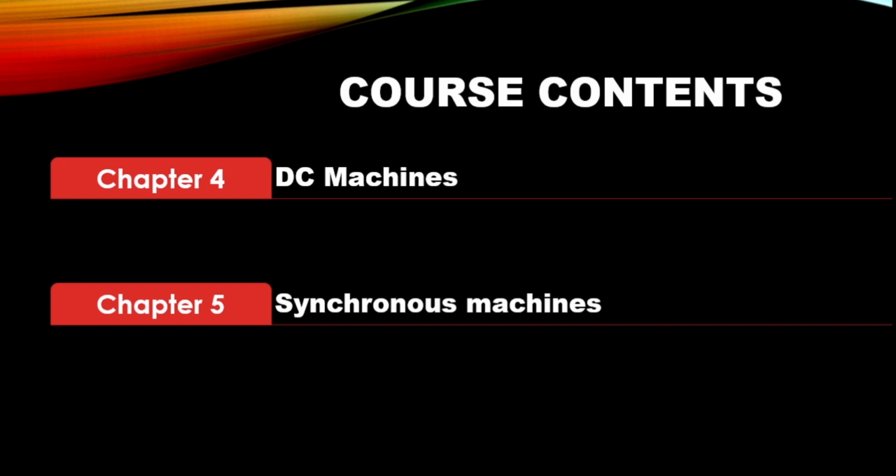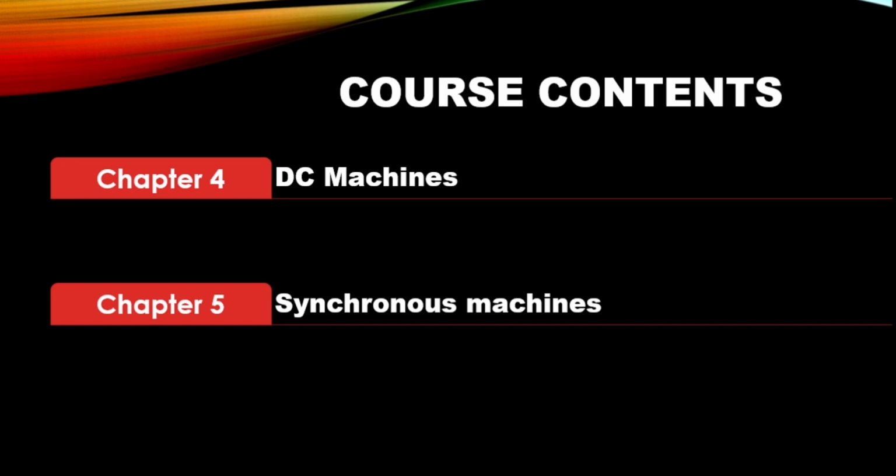After we have that equivalent circuit, we can have an equation which incorporates the input and output parameters. Then we can do further performance analysis, like voltage regulation and terminal characteristics, and their efficiencies can also be calculated easily. Then we can talk about how to control them and how to use them efficiently.